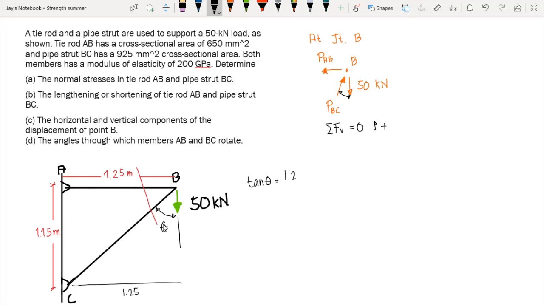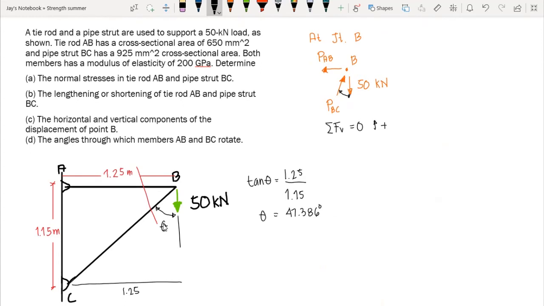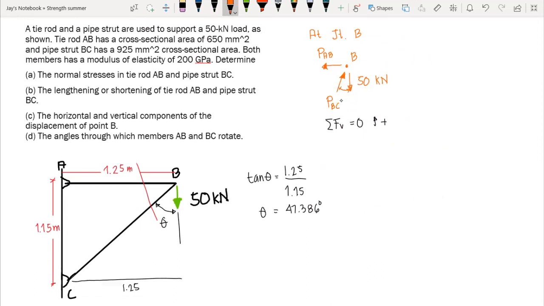We have 1.25 over the adjacent, and the adjacent is 1.15. Okay, so we have angle theta here, that is 47.386 degrees. Okay, that is our angle. So we have the angle at this point, which is 47.386 degrees.